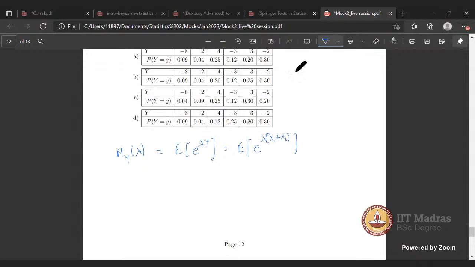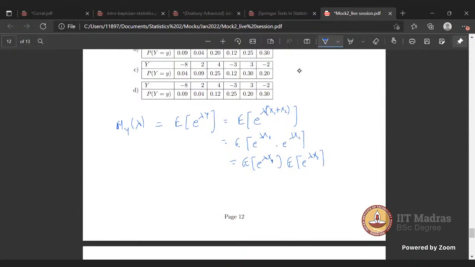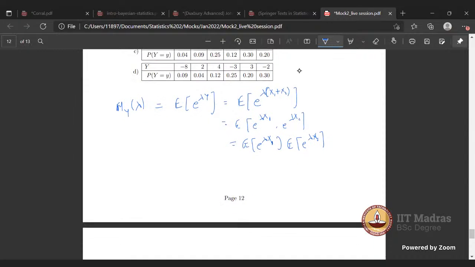So it is the expected value of e to the power lambda (X1 plus X2). We can write this as the expected value of e to the power lambda X1 into e to the power lambda X2. Since these are independent, we can write the expected value of e to the power lambda X1 into the expected value of e to the power lambda X2. And X1 and X2 are IID, so their expected values are the same.